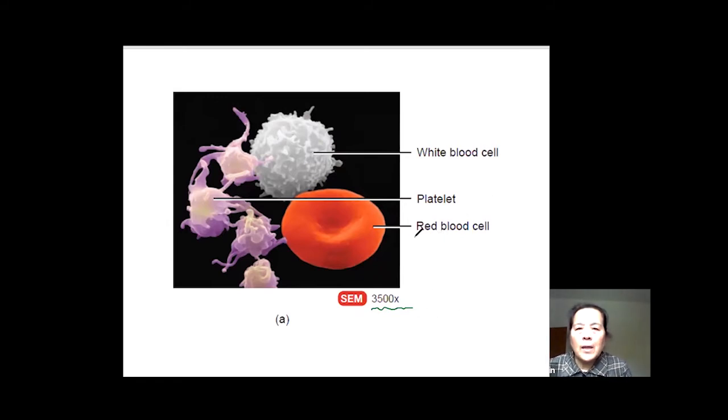That's the red blood cell. Pay attention to the shape. And that's the platelets. That's the white blood cell. It looks more beautiful here.